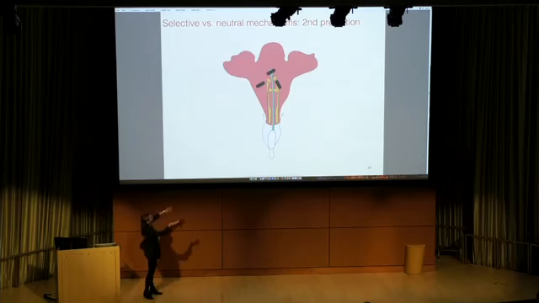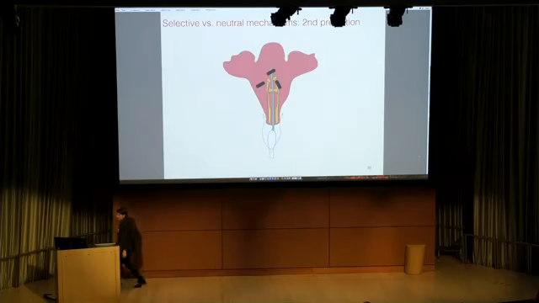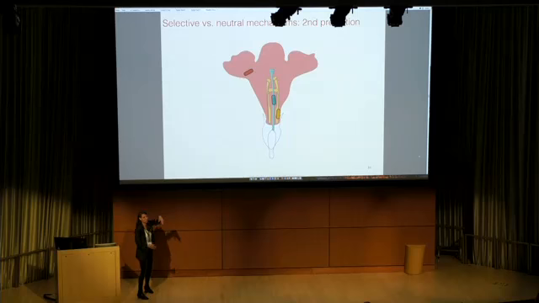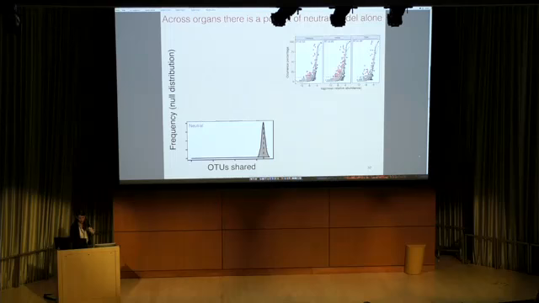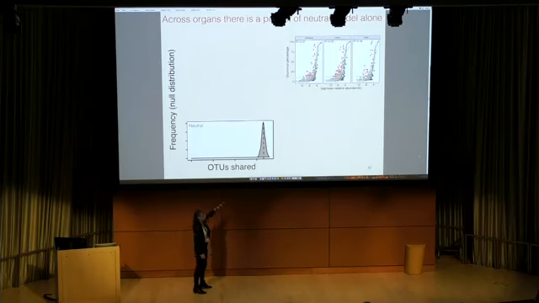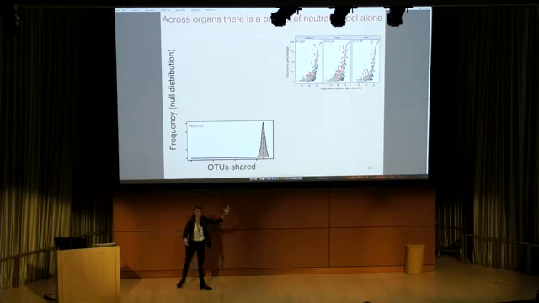And so another expectation we might have here is that if this is all neutral, then as microbes are coming to the flower, they might just be shared between the different organs and be all over the place. Versus if they are selective, different microbes might just occur in one or another organ. And what we see here, and I would love to discuss this because it's puzzling, is that the OTUs that fit a neutral distribution in our model are shared among all the organs, as we might expect.